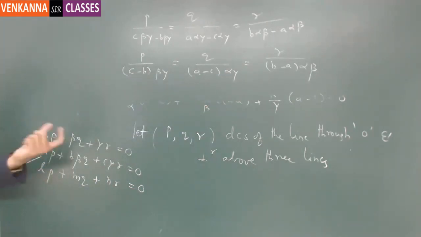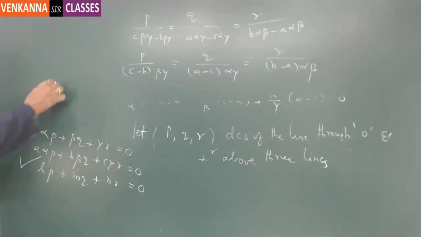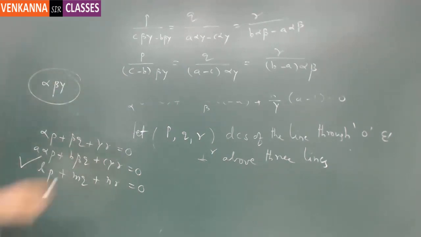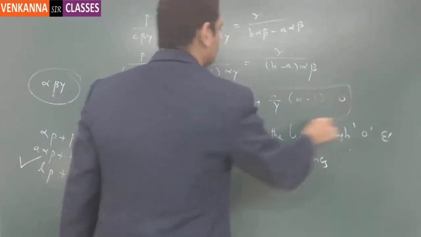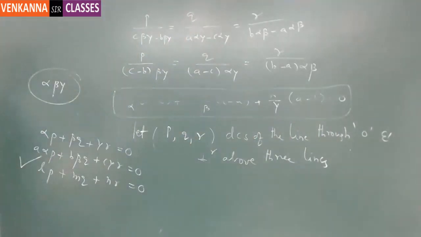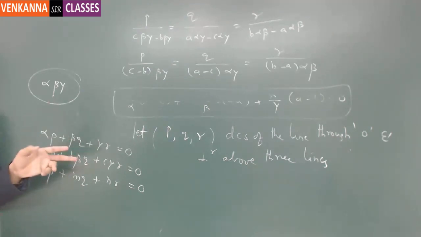And I divide with alpha, beta, gamma, then I get the required equation of the locus. So I will substitute PQR values in the third equation. I divide the total equation with alpha, beta, gamma, then I will get L by alpha into something, M by beta into something, plus N by gamma into something is equal to 0, the required answer. That was the idea here.